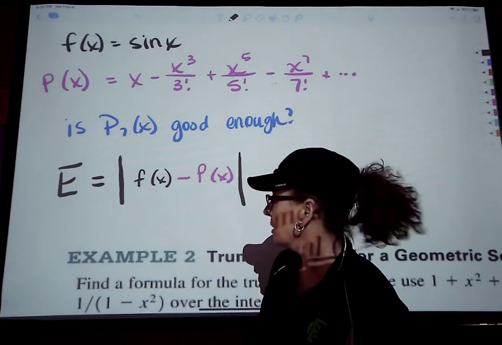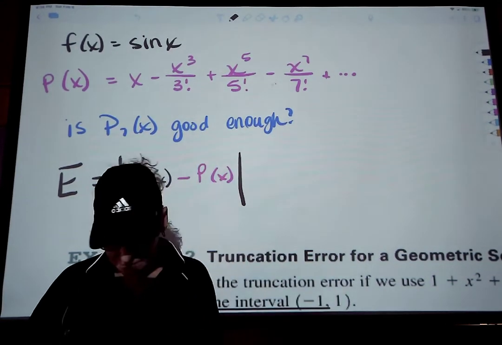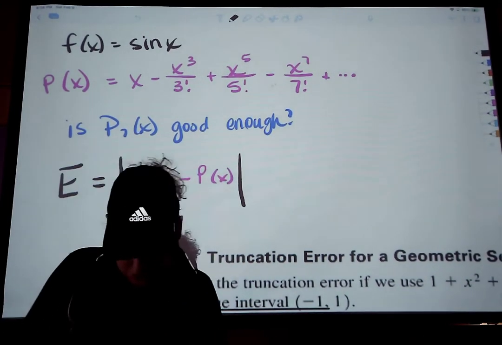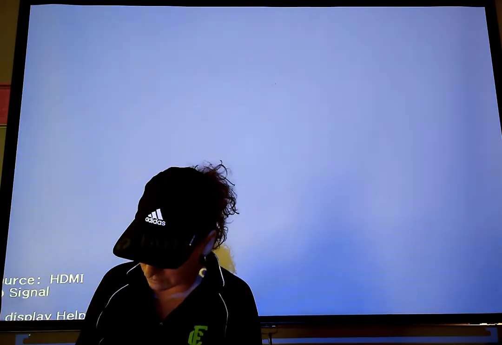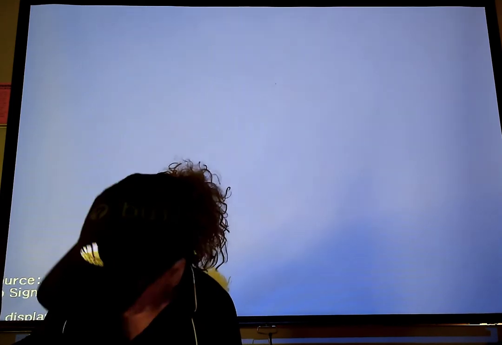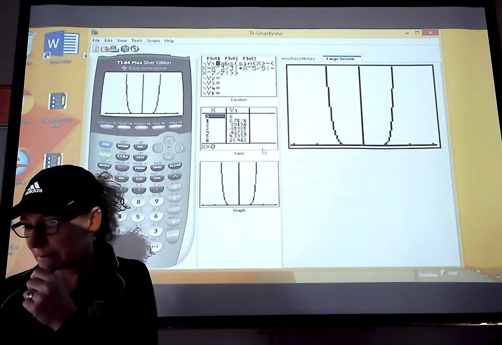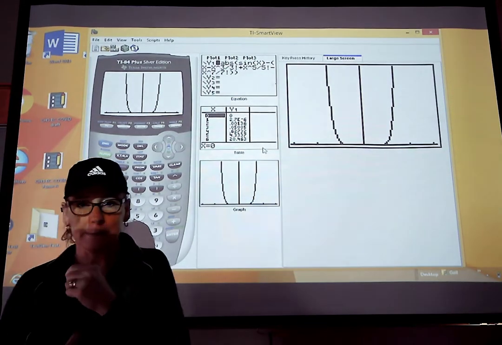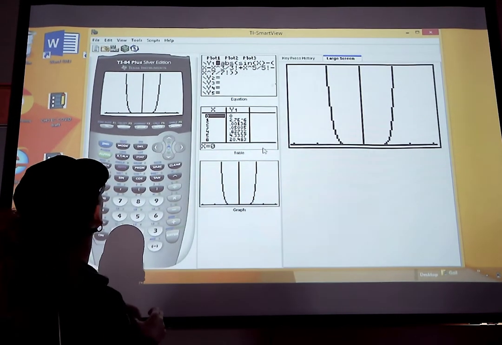Okay, so we're going to type this in our graphing calculators. So I am going to switch over. You're going to lose my notes here for a minute. I'm going to switch over to my graphing calculator. Okay. There we go.